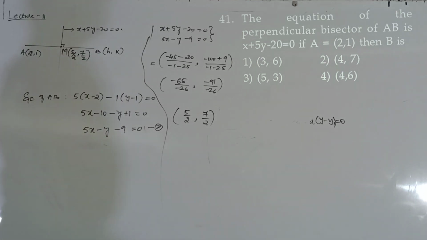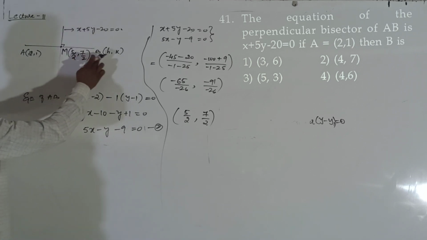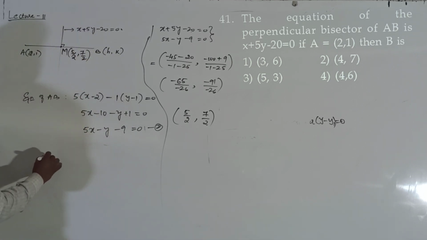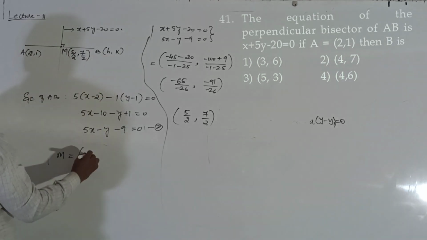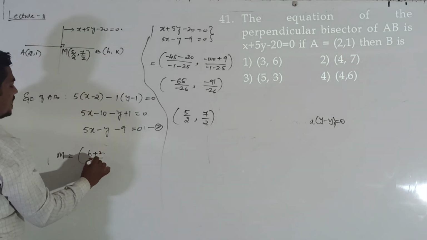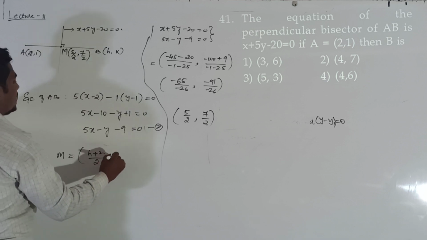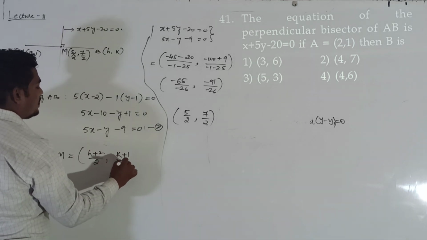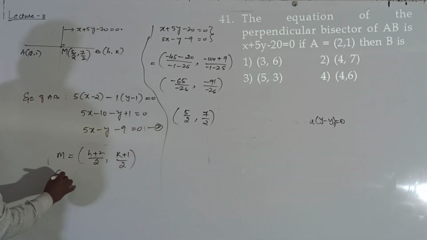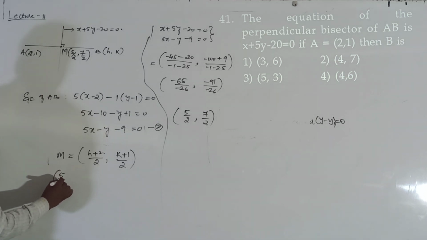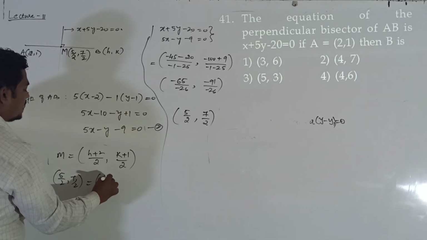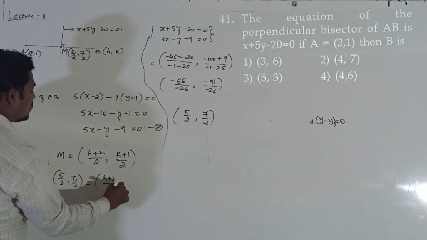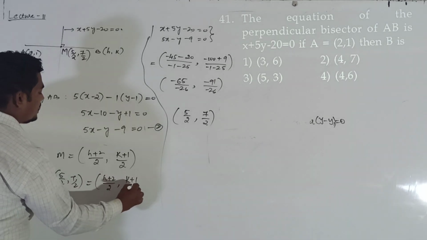After getting the M coordinates, M is the midpoint of AB, so M is equal to h plus 2 divided by 2 comma k plus 1 divided by 2.